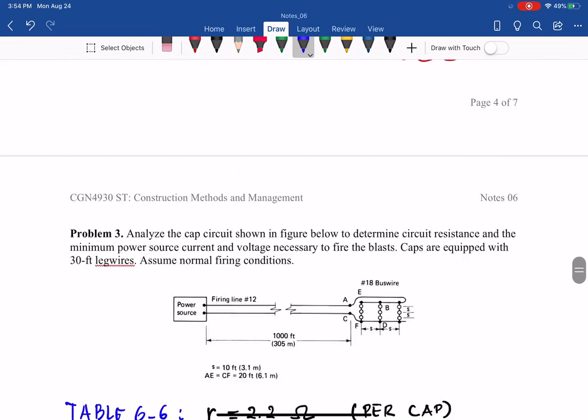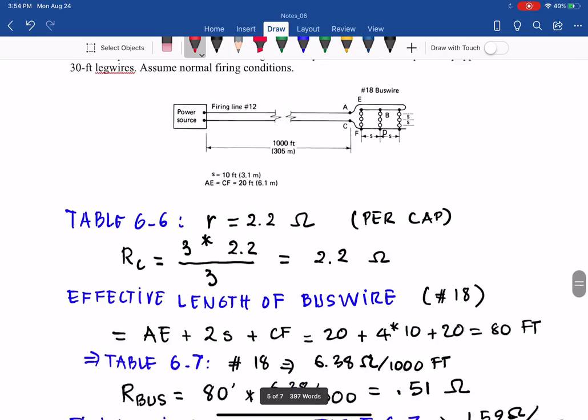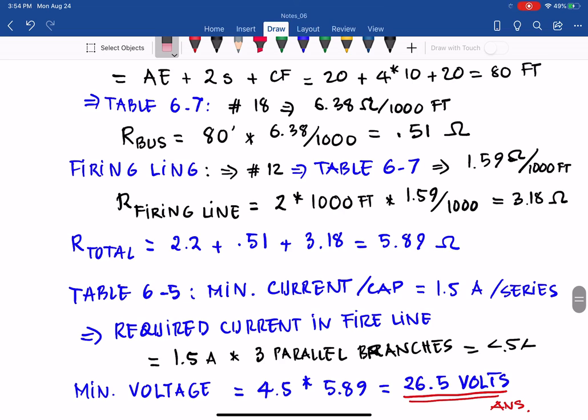So current, in this case 4.5, times the total resistance, that we found to be 5.89 ohms. So we will get 26.5 volt. And that is the answer. The question also asks what is the minimum power source current. So that is the answer as well.